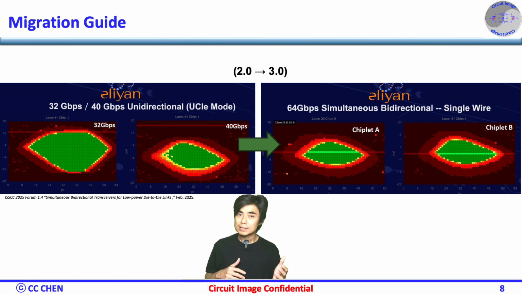Define sideband priority and event rules, then validate with partners and with an emulation prototype across temperature, aging, and supply droop corners.